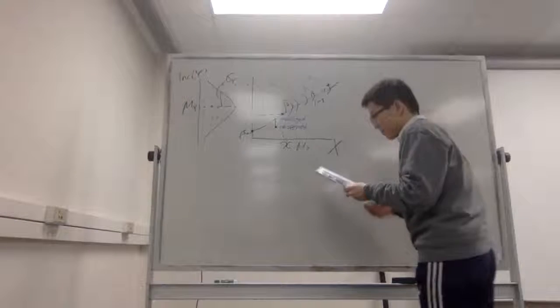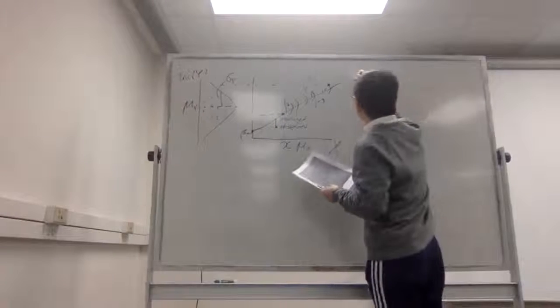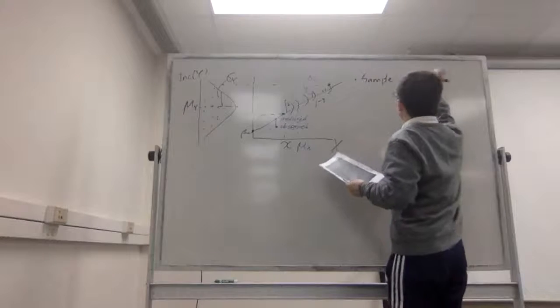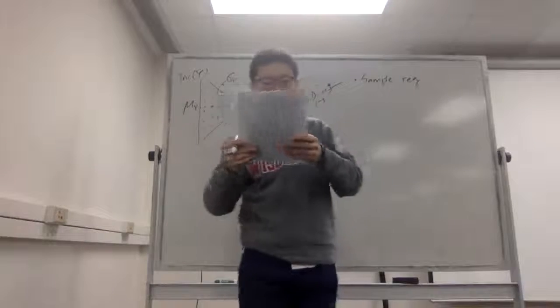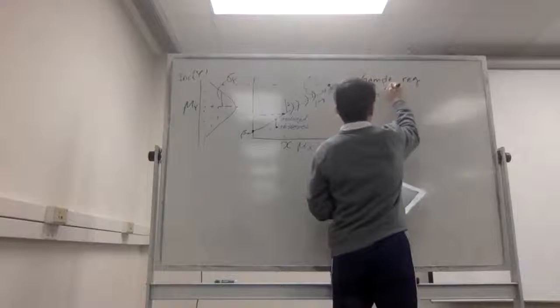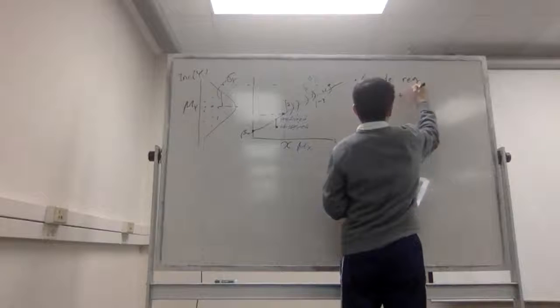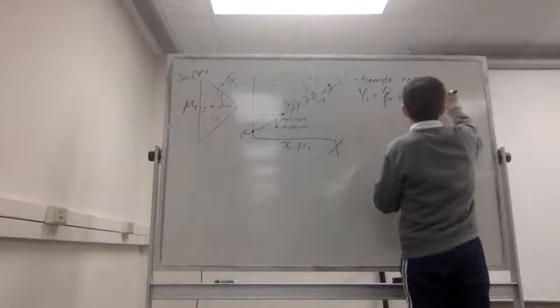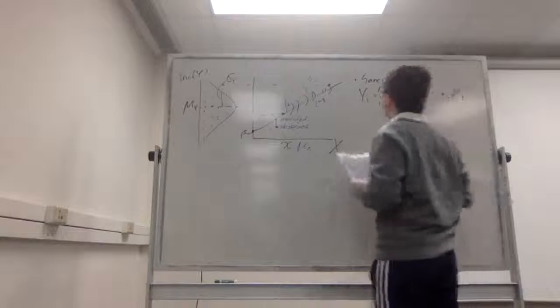And now we're talking about the sample regression model. And yi is beta 0 hat, and then this is beta 1 hat and xi plus ei.